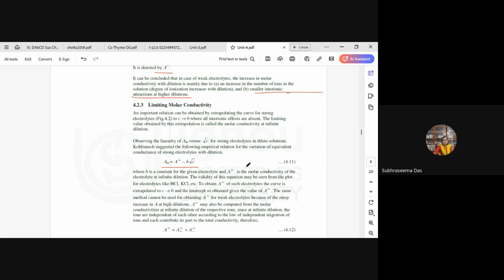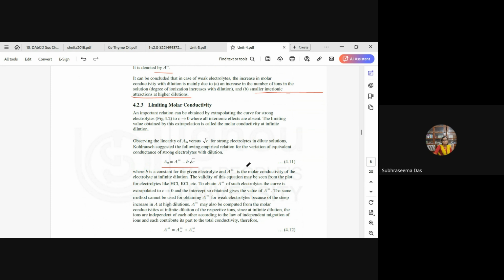So here b is a constant for a particular electrolyte, and lambda infinity indicates the molar conductivity at infinite dilution. Now, how can we obtain this lambda infinity? To obtain lambda infinity, we extrapolate the curve as c tends to 0, and from the intercept we get the value of lambda infinity.